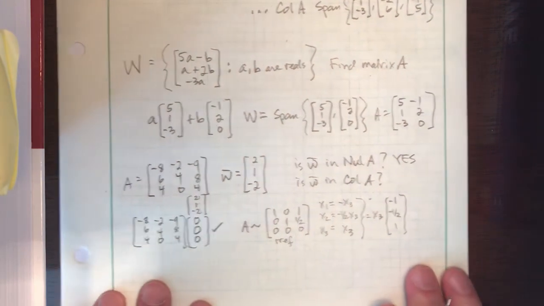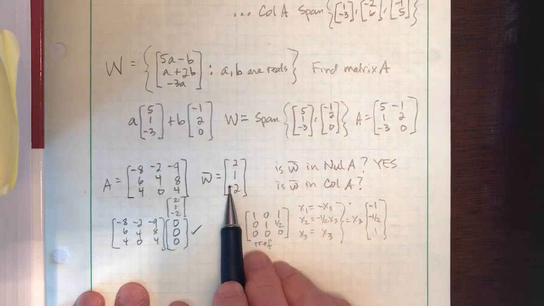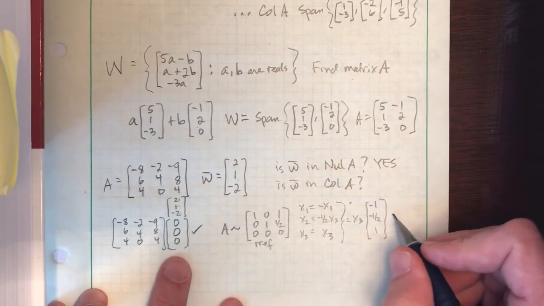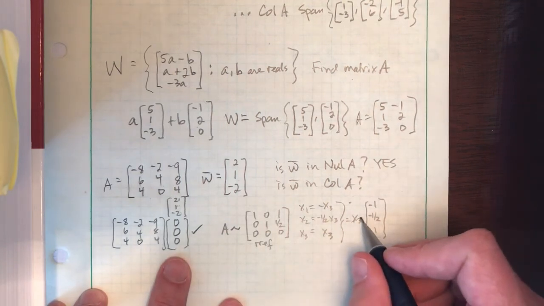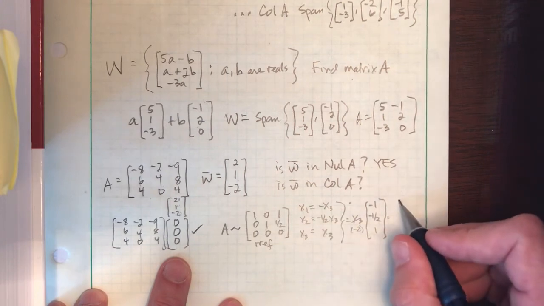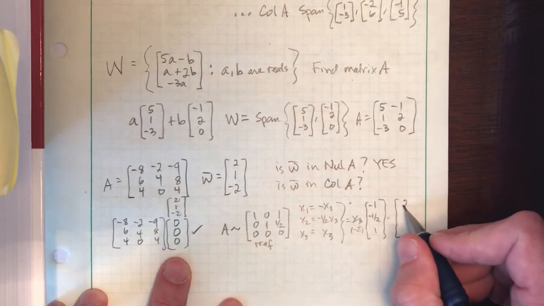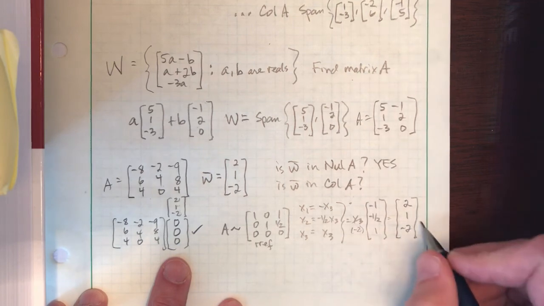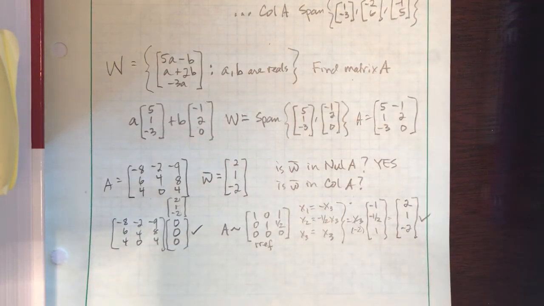So the question is, is W a scaled version of this? And I think you can see, if we were to replace x3 with a negative 2 and actually scale it, we do get positive 2, positive 1, and negative 2. So we've just checked it a second time.